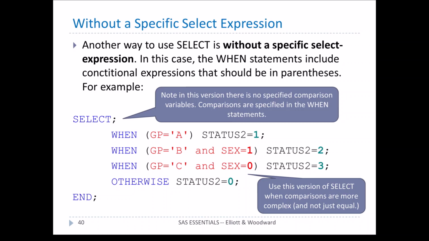When group equals B and sex equals 1, then status2 equals 2. When group equals C and sex equals 0, status2 equals 3. Otherwise, status2 equals 0. So we have two versions of the SELECT statement, one with and one without a specific select expression. So just be aware that you can use them in both ways. I prefer this way because I think it's more readable, and to me it's easier to handle.